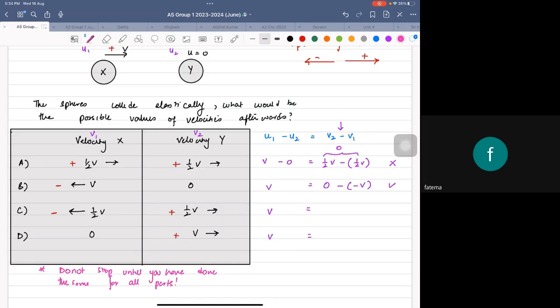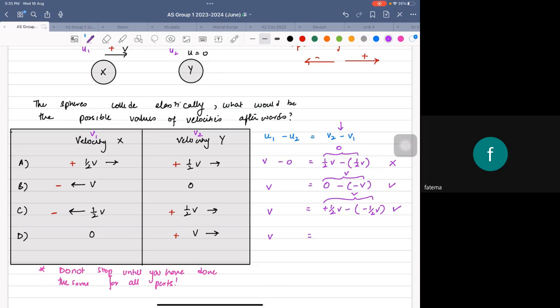But you do not stop, because when you check the next one, you see that this is plus half v. So I'm going to write plus half v minus the other one, which is negative half v. In this part, it will be v equals half plus half v, which is also v. So both sides are v. This could also be the correct answer. So now we have multiple correct answers, and this is the catch of this question: you do not stop at the first point that you think is the answer. You have to check everything.